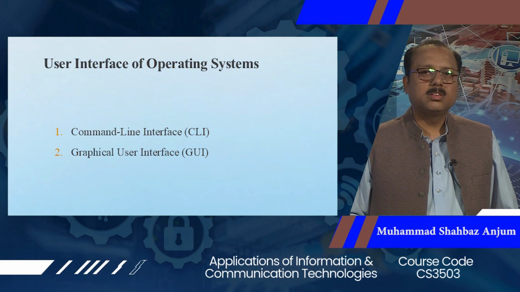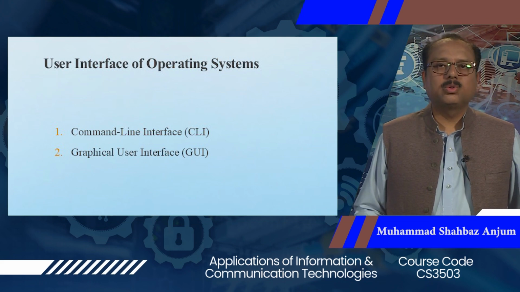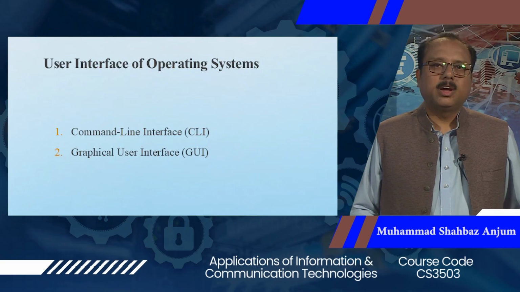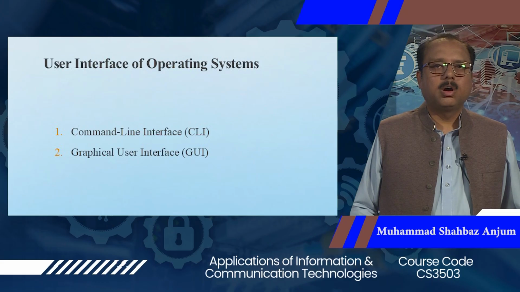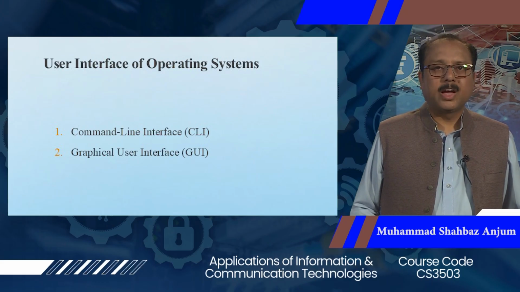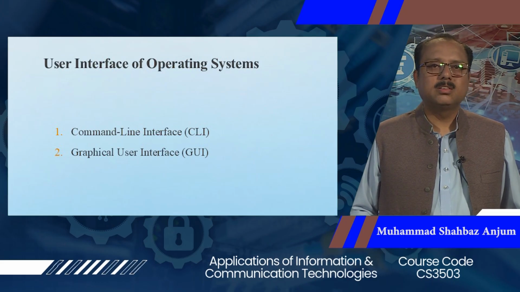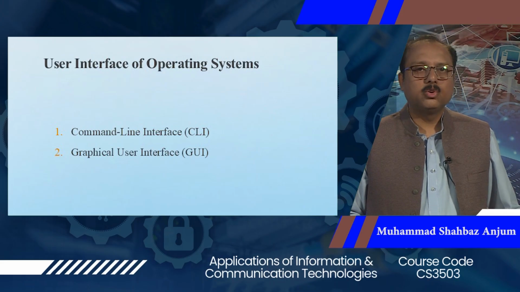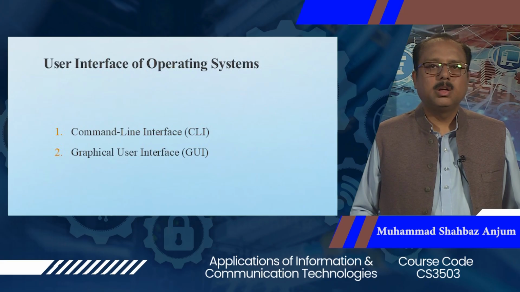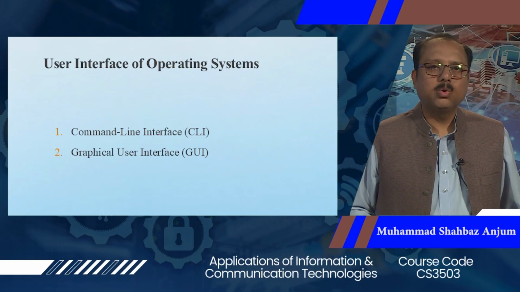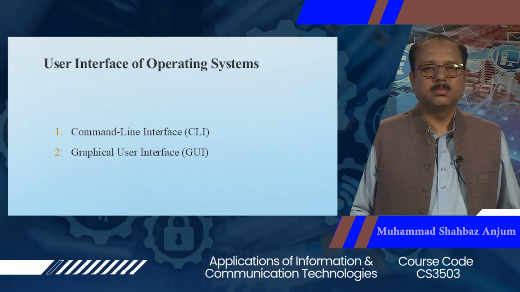This provides visual elements like windows, icons and menus, and some common examples include Windows, Mac operating system and modern Linux distros like Ubuntu. The user interface plays a major role in determining how user friendly the system is.